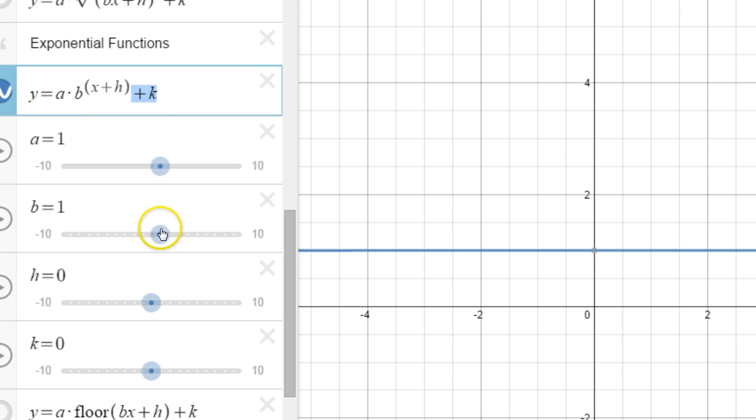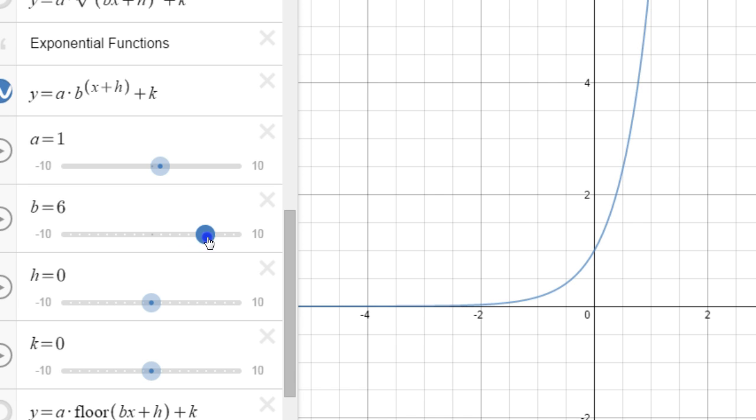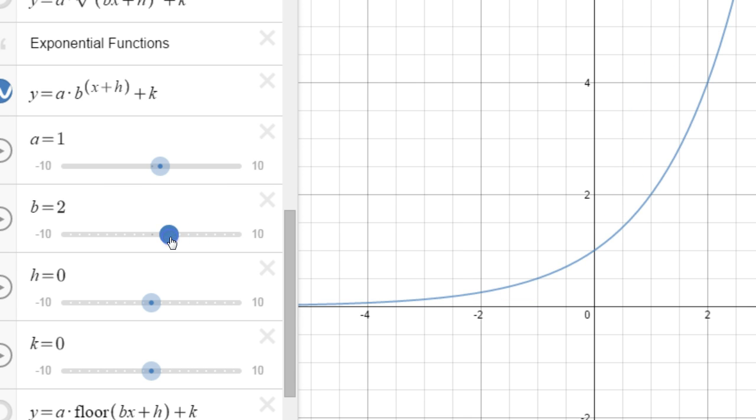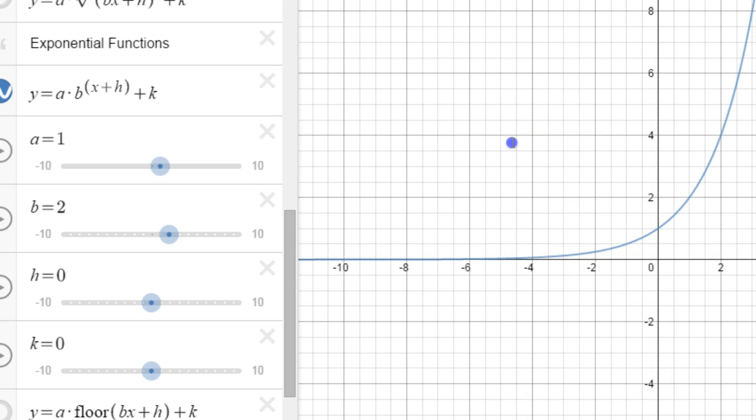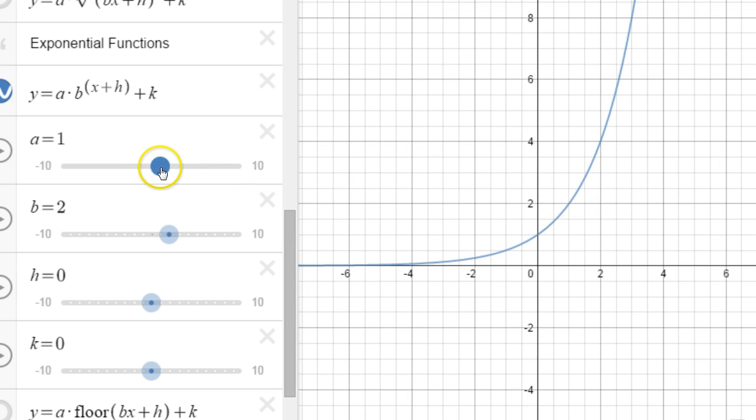Now, if b is 1, no matter what power you raise it to, it's always going to stay the same. But the second we start making it 2, it starts going up at an exponential rate, hence the name exponential function. So if we zoom out a little bit to take a look at the entirety of the graph, if we make a bigger, it makes it steeper, and it also changes the y-intercept from 1, which is the typical normal intercept.